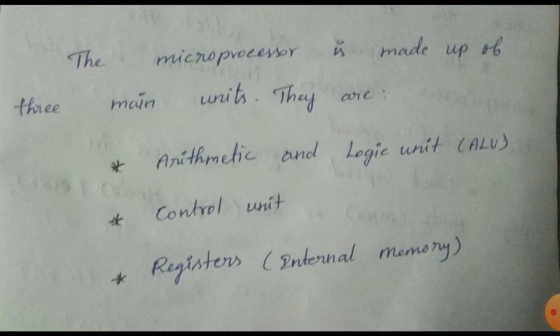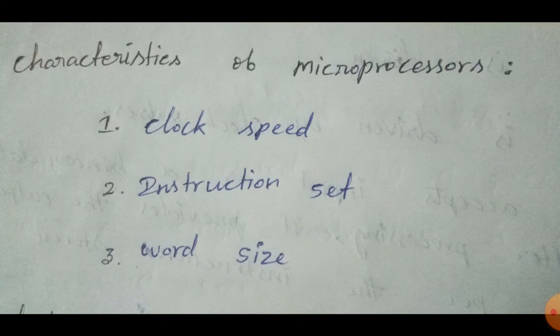Now we are going to learn about the characteristics of a microprocessor. A microprocessor's performance depends on the following characteristics: clock speed, instruction set, and word size. Okay.